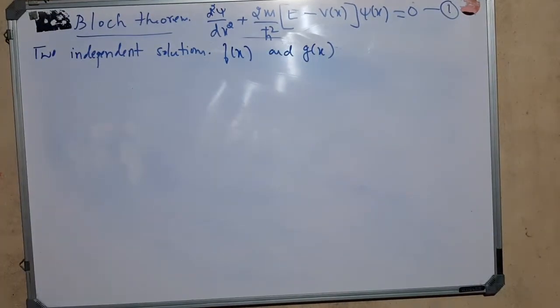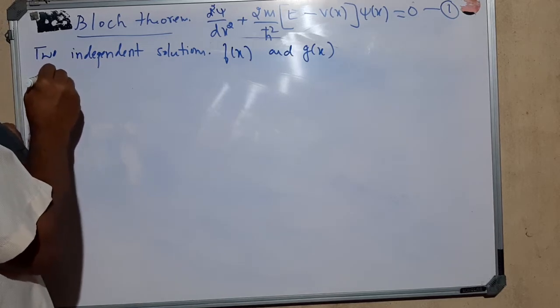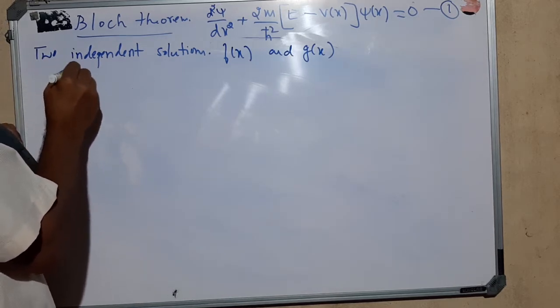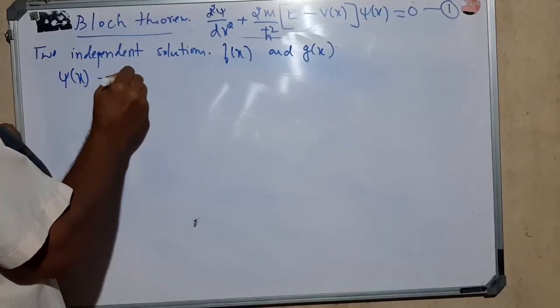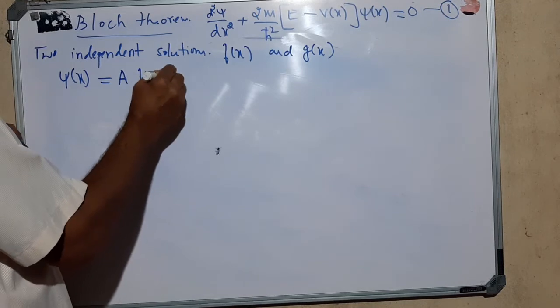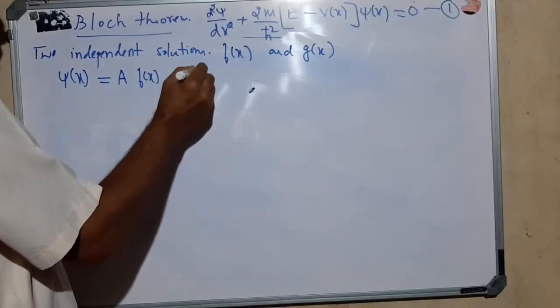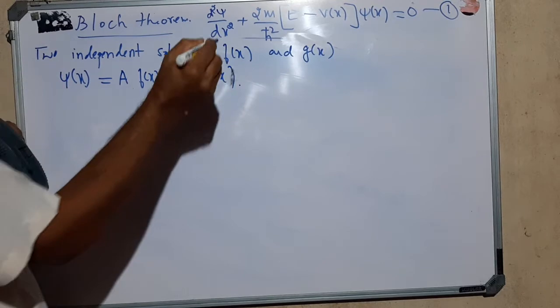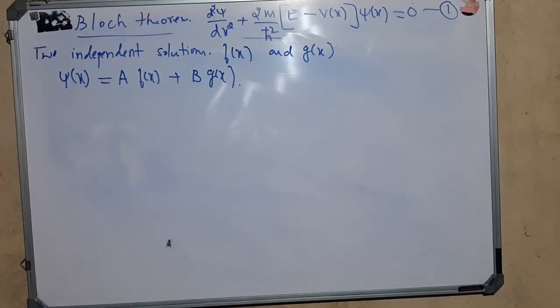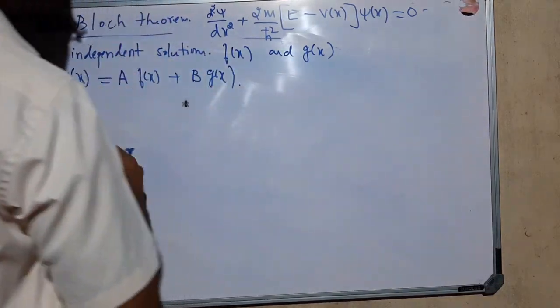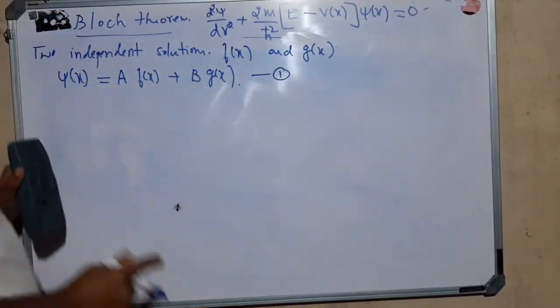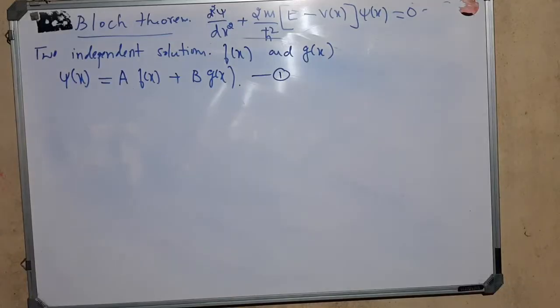Then the solution of the equation can be written as a constant a into f of x plus another constant b into g of x. Let us take this one as 1. Here a and b are arbitrary constants.